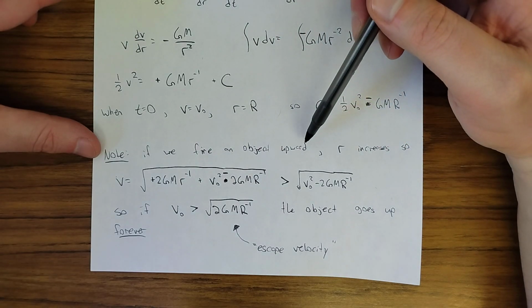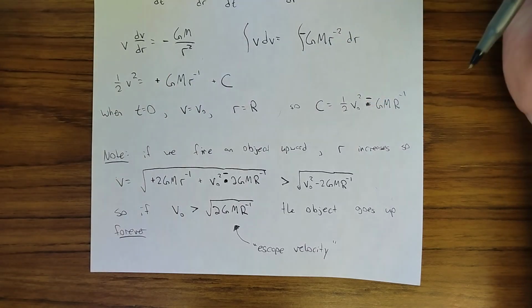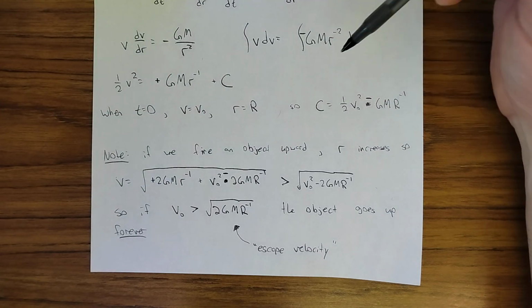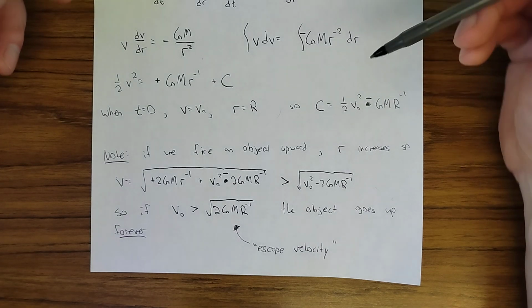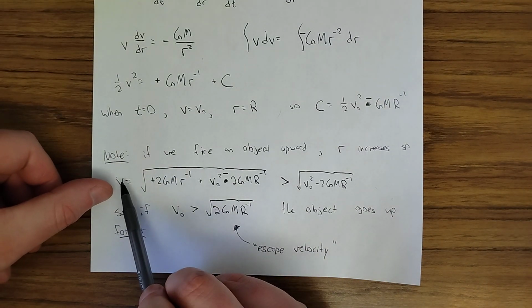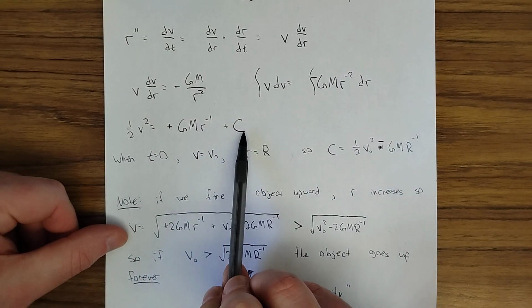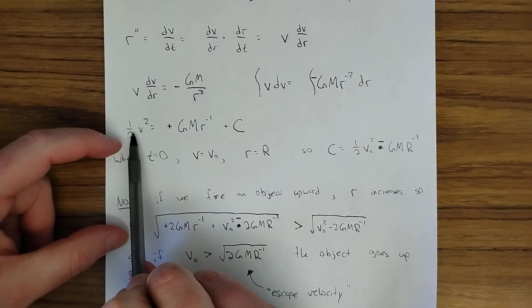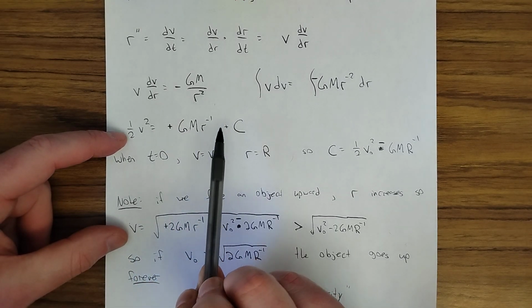Say we fire an object upward. That means, of course, little r increases because little r is the distance between the two masses, and this object is getting farther and farther from the Earth. So my v, which I just solved this for v, of course, solving this for v involves getting the 2 over, but also doing the square root.